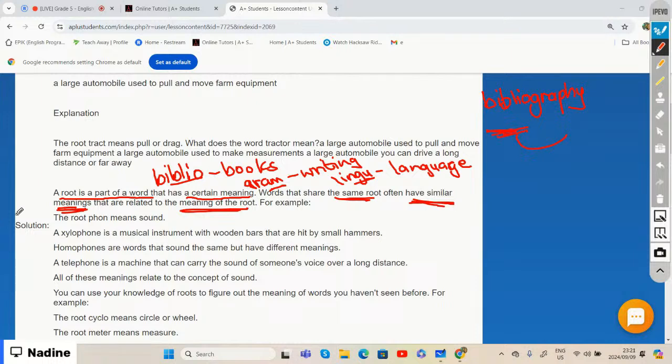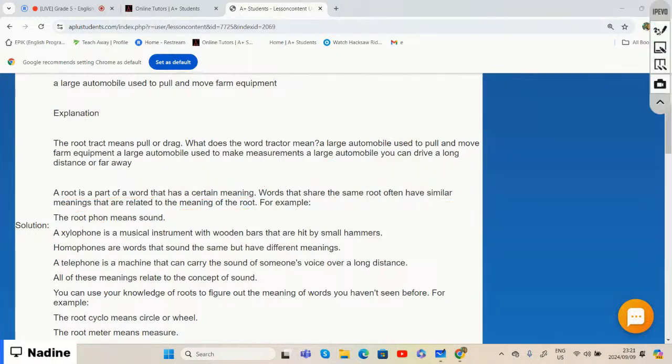All right. So now, let's look at the root fun or phone, because the word is going to sound like phone, but from the spelling we would think that the pronunciation would be fun. So let's say either fun or phone.